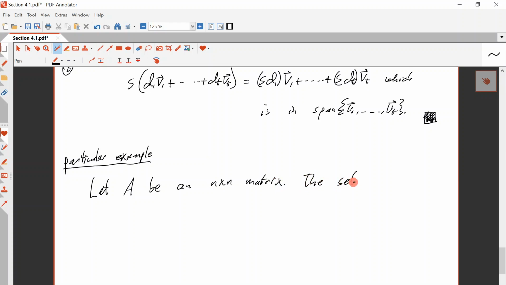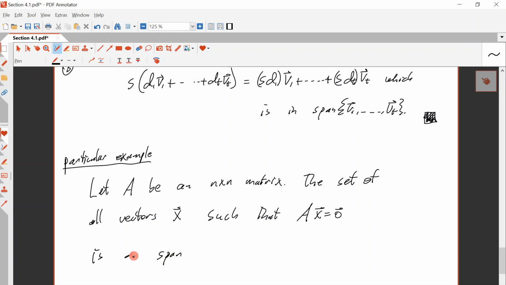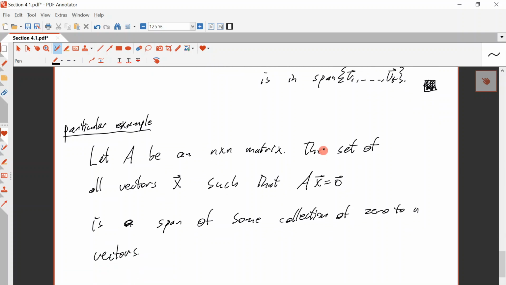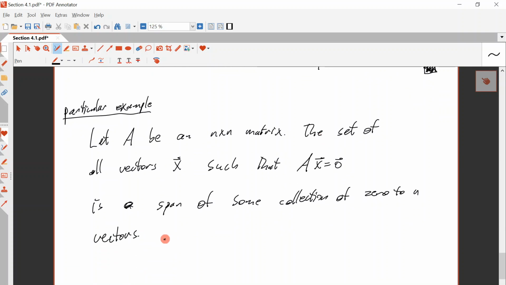The set of all vectors x such that A times x is equal to 0, we've talked about this, is a span of some collection of 0 to n vectors. Maybe 0 vectors, maybe 1 vector, 2 vectors, 3 vectors, and so on. Okay, so that's a subspace.